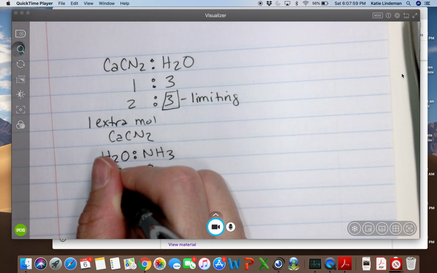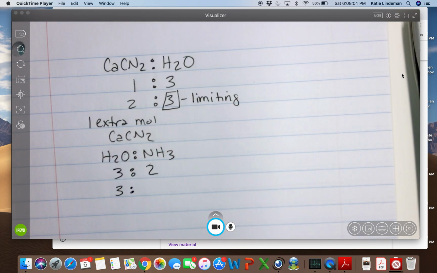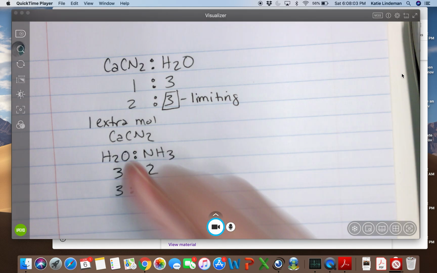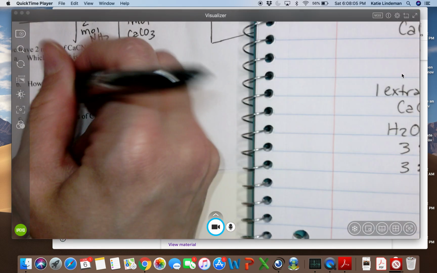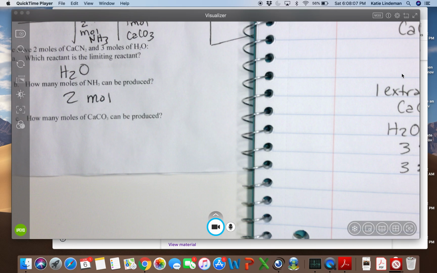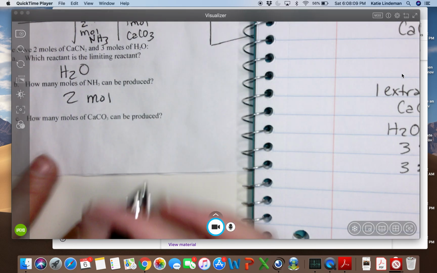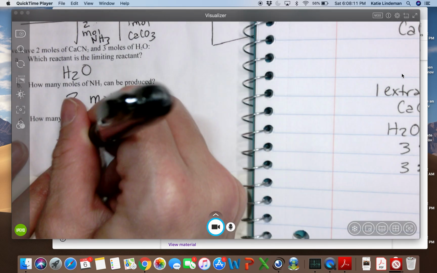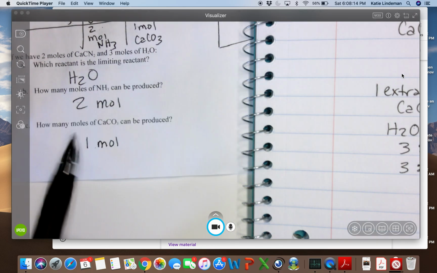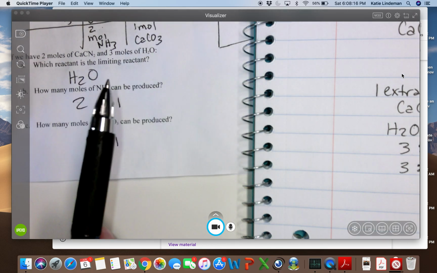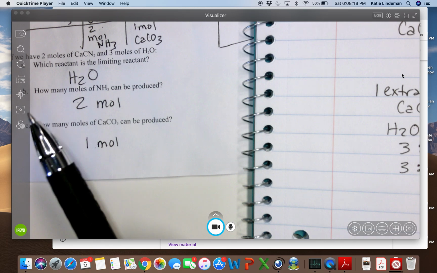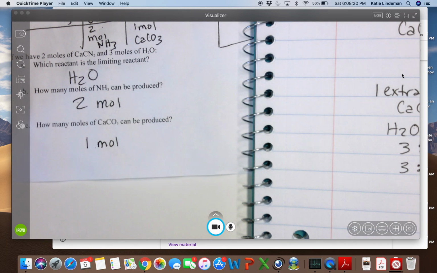And since I have 3 moles of water, that means that I can end up with 2 moles of ammonia, so 2 moles. And how many of calcium carbonate? Again, it's just going to be 1 mole, just because the amount of my limiting reactant is equal to the coefficient for my limiting reactant in this example, so that makes this a little bit easier.